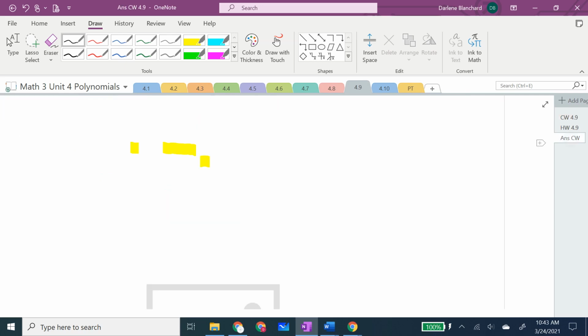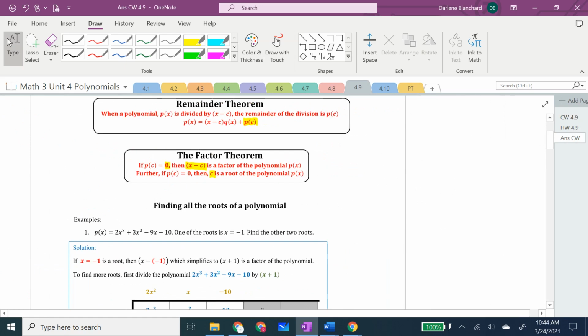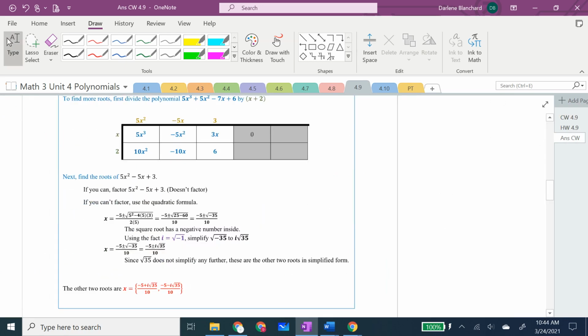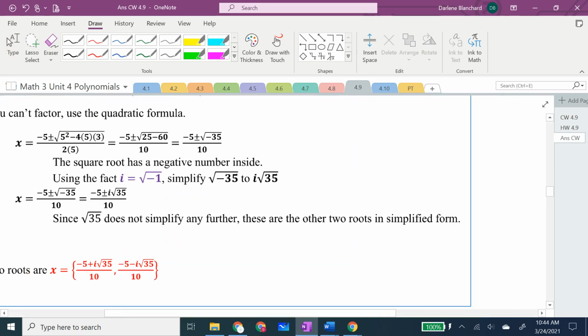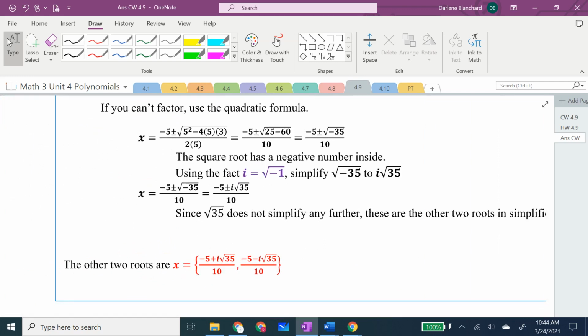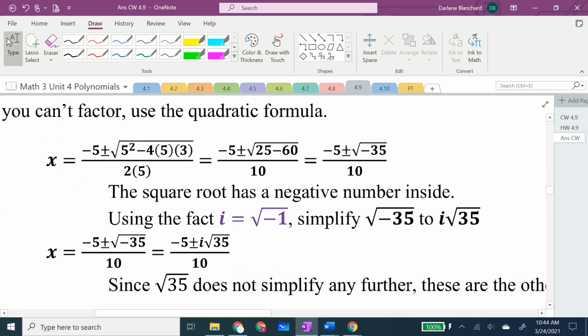Looking at the time, I'm going to just head straight over here. I want to point out to you that we end up getting a negative number under the square root.